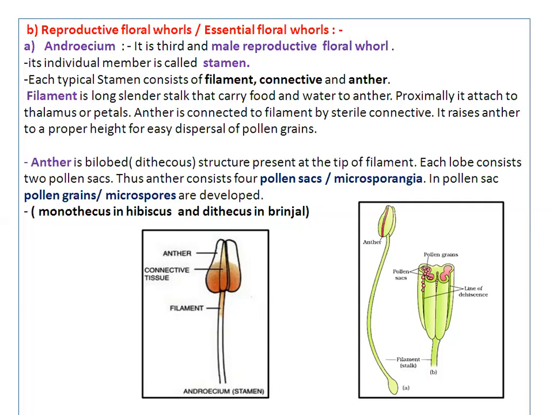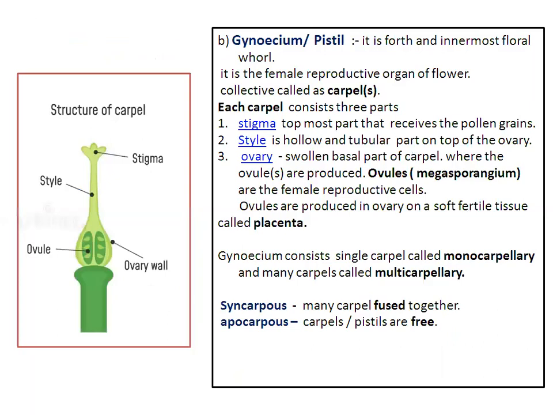Then the next reproductive floral organ is the gynoecium. Gynoecium is the female reproductive floral organ. It is also known as the pistil, and it is the innermost floral organ. Its individual member, or collectively, is known as a carpel.